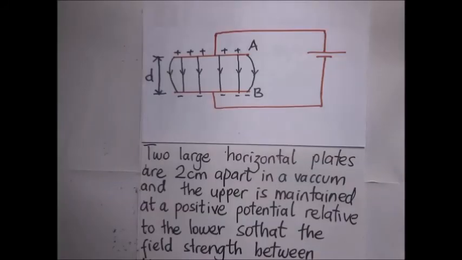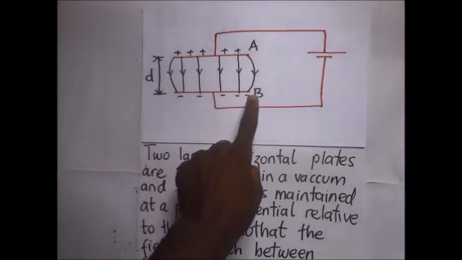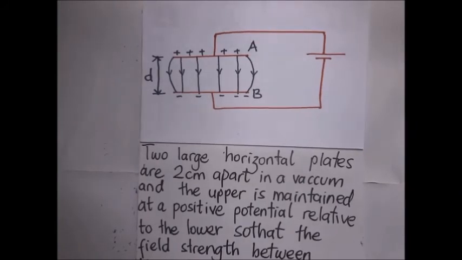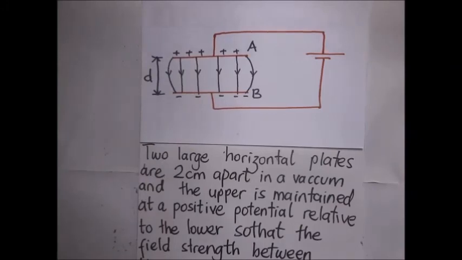We have two large horizontal plates. The upper plate is positively charged and the lower plate is negatively charged. From the relationship between electric field intensity and electric potential, we were able to discover that if we are to find the electric field intensity in between these two plates, that electric field intensity would be equal to the potential difference between the plates and the distance in between.